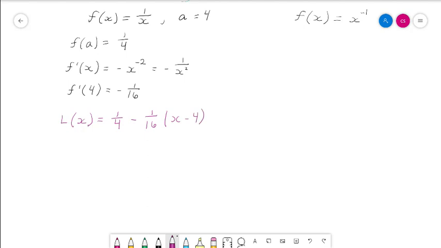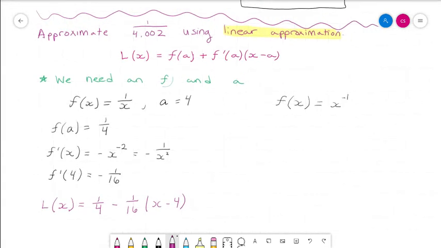Okay, and there you go. And now we're going to use this line to approximate this. All right, because notice 4.002 is very close to 4.